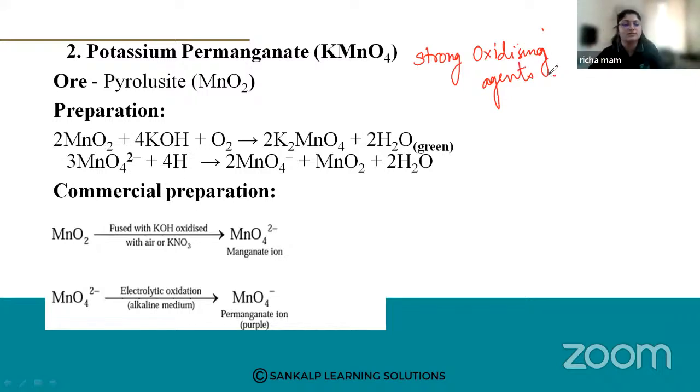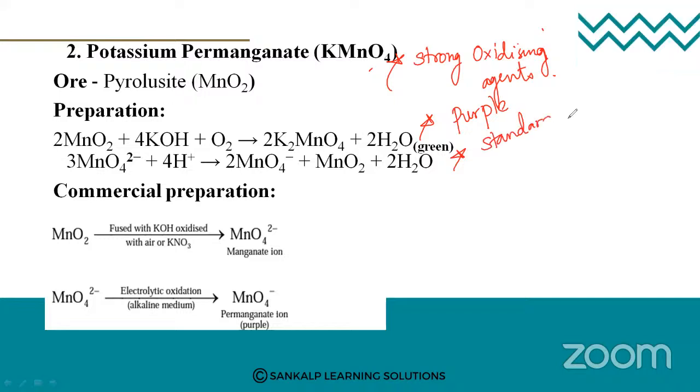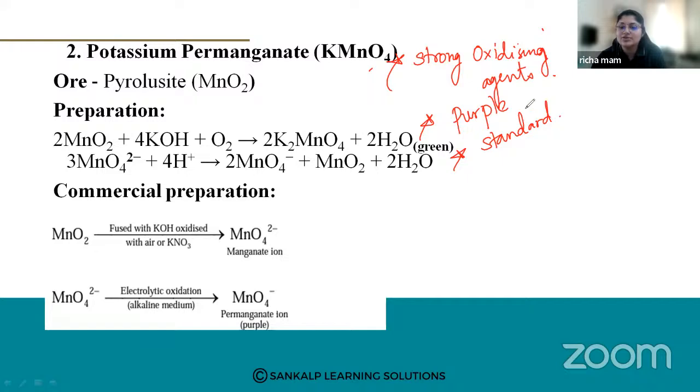What are the different properties? KMnO4 is a strong oxidizing agent. What color does it have? It has a purple color. It is also used as a primary standard for different volumetric reactions.